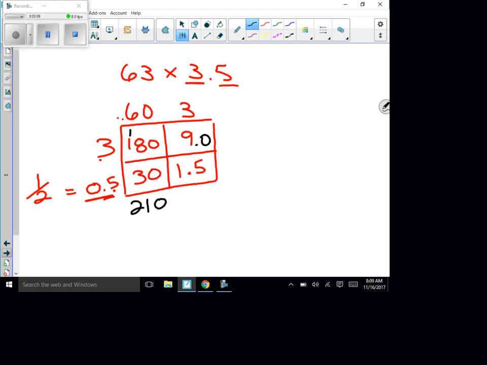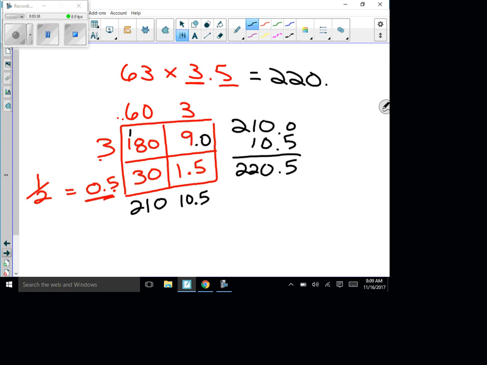So this would be 0.5, this would be 10.5, right? So now on the side I have 210, and I made it 210.0 to match up with the 10.5. So 220.5 is the answer to 63 times 3.5.